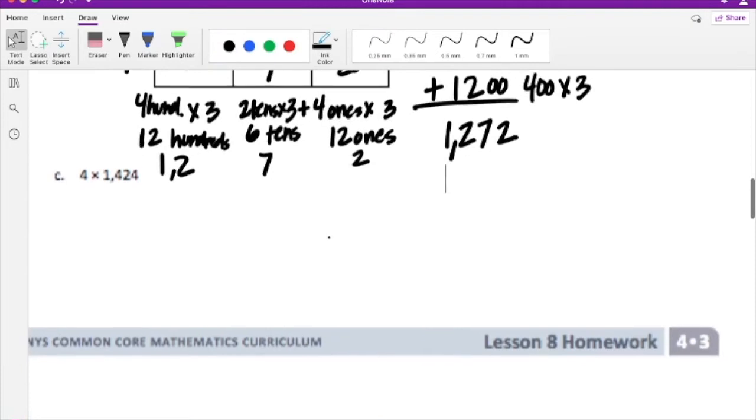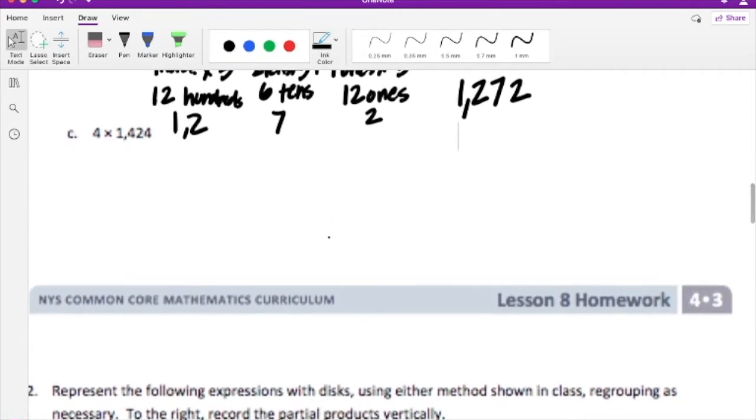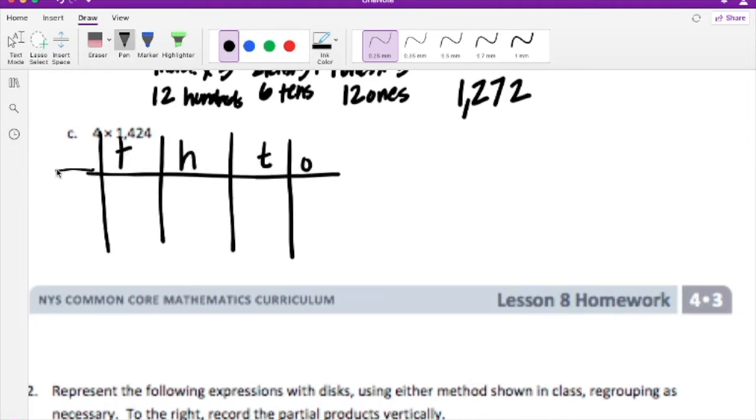Oh, let's look at C. With C, this is an even bigger number. Not sure why they don't have a place value here, but we can always make a place value chart. Ones, tens, hundreds, thousands.